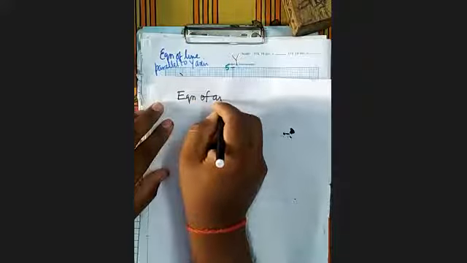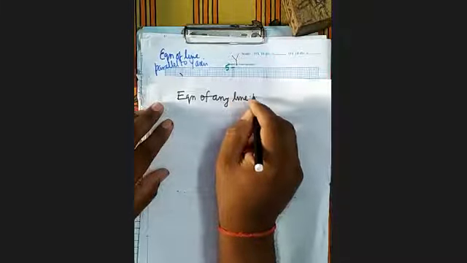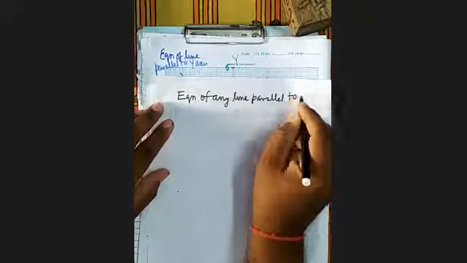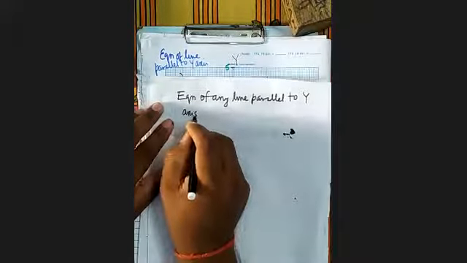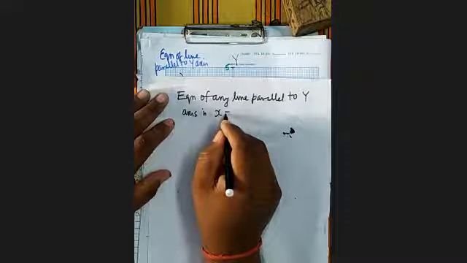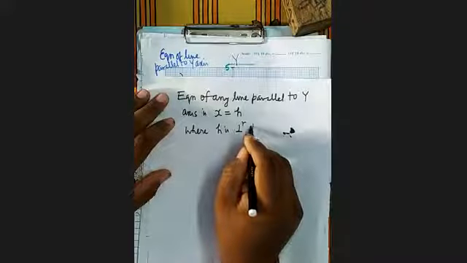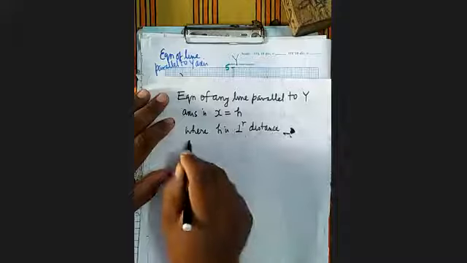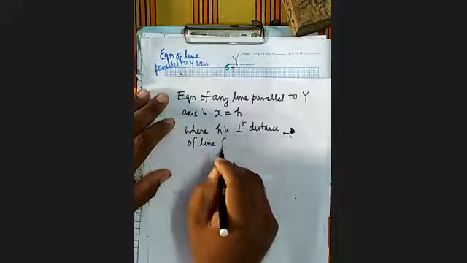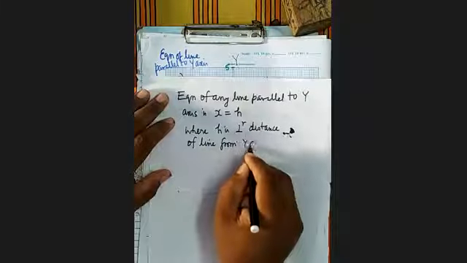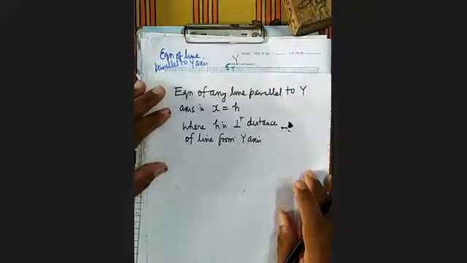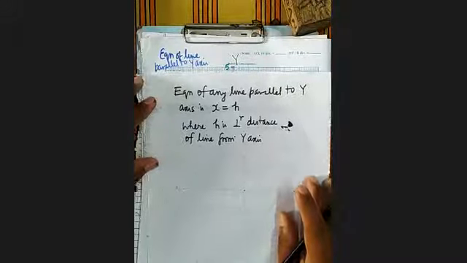So see here, we can write: the equation of any line parallel to the y-axis is x equals h, where h is the perpendicular distance of the line from the y-axis. Is it clear?